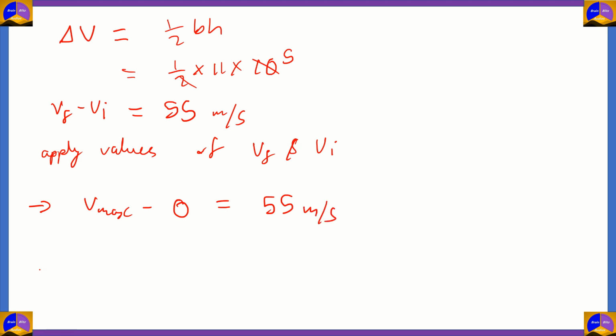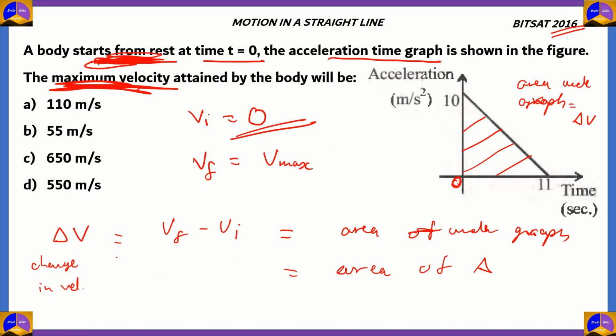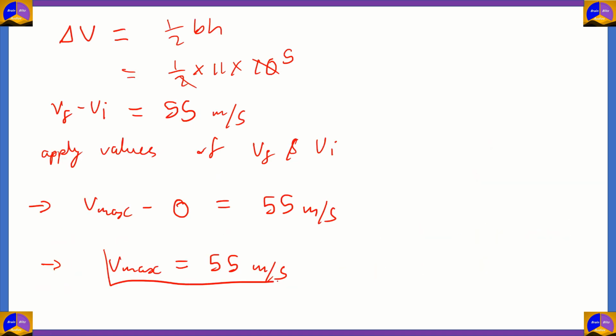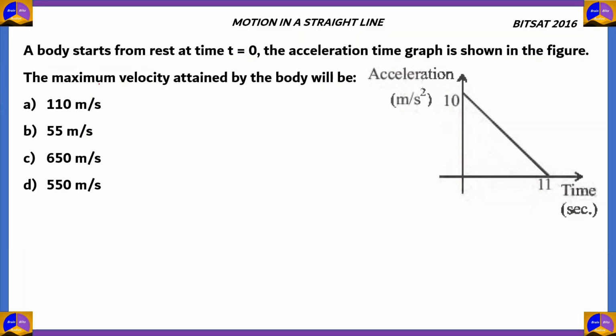So Vmax minus 0 is the same thing as Vmax by itself. So the maximum velocity attained by the body, as shown by this graph, will be 55 meters per second. So among the 4 options, it's clear that option B, 55 meters per second, is the correct answer.